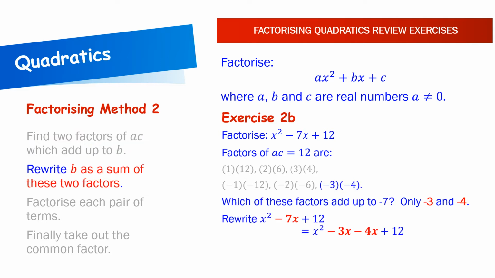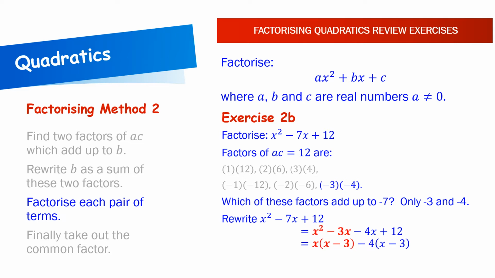So let's rewrite this equation, and in particular we rewrite minus 7x. So x squared minus 7x plus 12 becomes x squared minus 3x minus 4x plus 12. And now factorise each pair of terms.